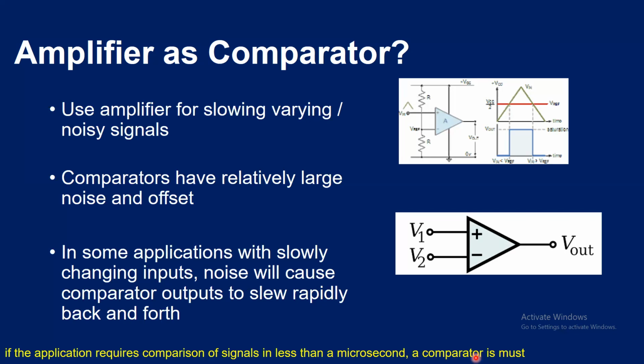But nowadays, with high precision, wide bandwidth, ultra low offset amplifiers from various vendors in the market, they are competing with comparators. So as a designer or an application engineer, you need to keep all these parameters in mind, such as drift, offset, cost, area, speed, and accordingly make your choice.